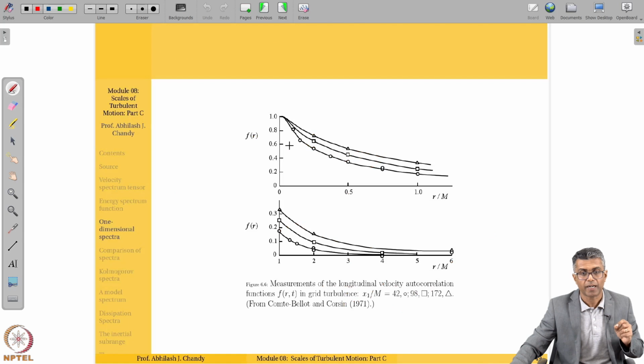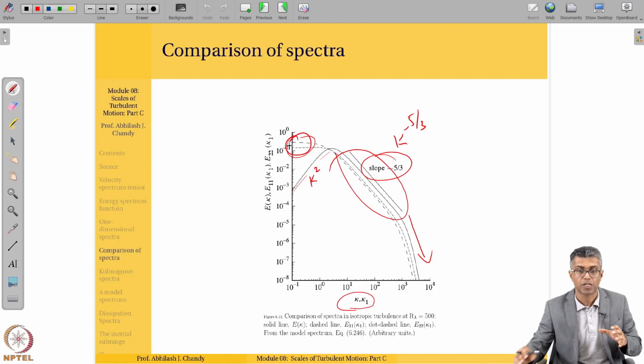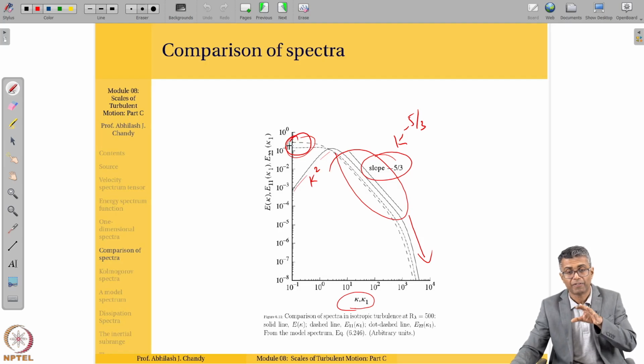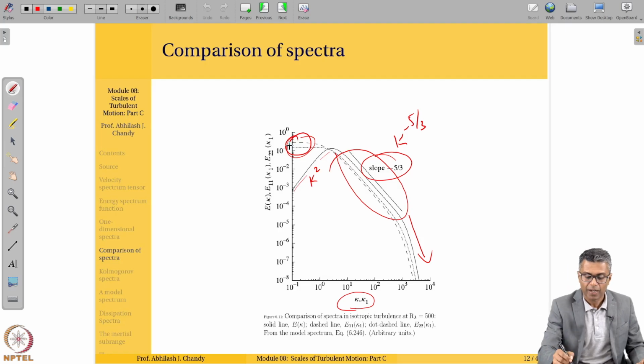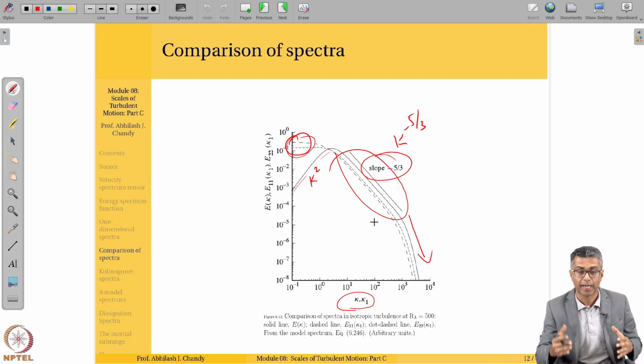So what we have done in this class is we started to look at the 1D spectra. We got some equations for those, looked at what ratios they are with relative to each other, and we plotted them based on the model spectra. Now I know I haven't dealt with the model spectra yet, but consider the E of k, E11 of kappa 1 and E22 of kappa 1 behaving in this form. And the main point is they have an identical slope in the center of the wave number range.